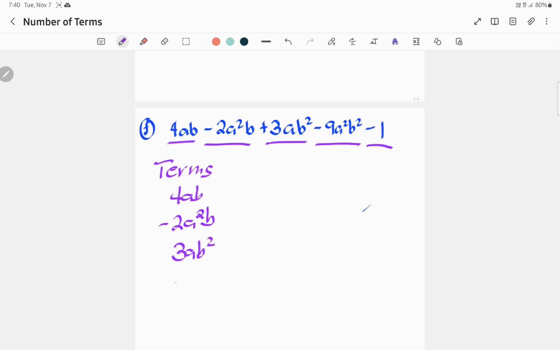When we count that, 1, 2, 3, 4, and 5. So we can say that the number of terms is 5.